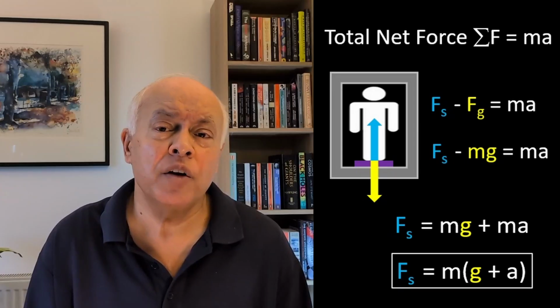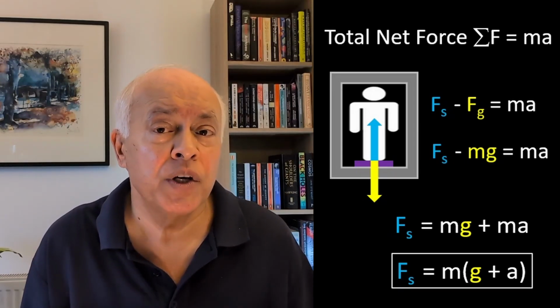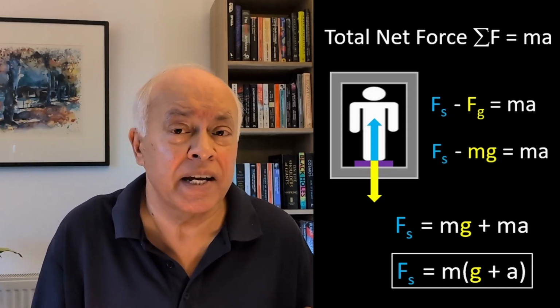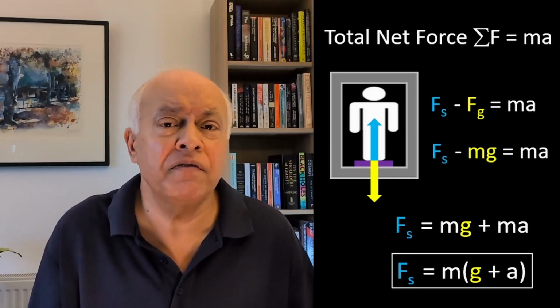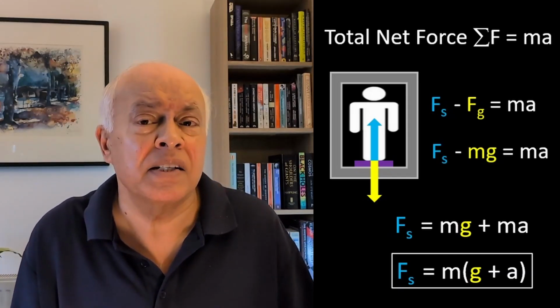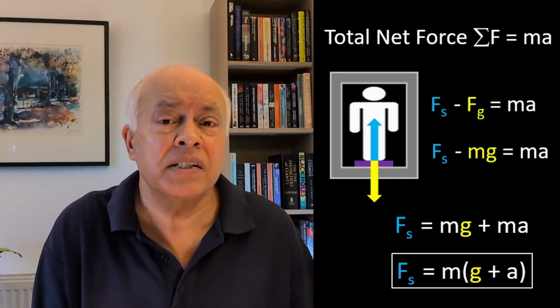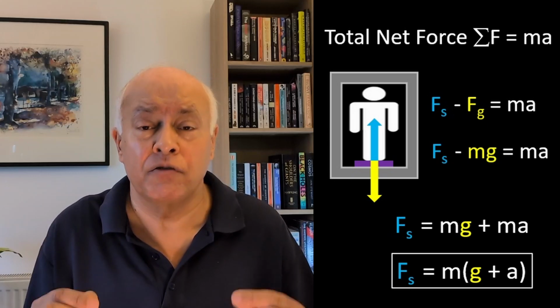We can then rearrange this equation to get an expression for Fs, and we use what we already know, that Fg is just equal to m times g. So this is the expression we get. Hence, we finally can write down the expression Fs equals m times (g plus a). This is the apparent weight that the person will feel, the force Fs.